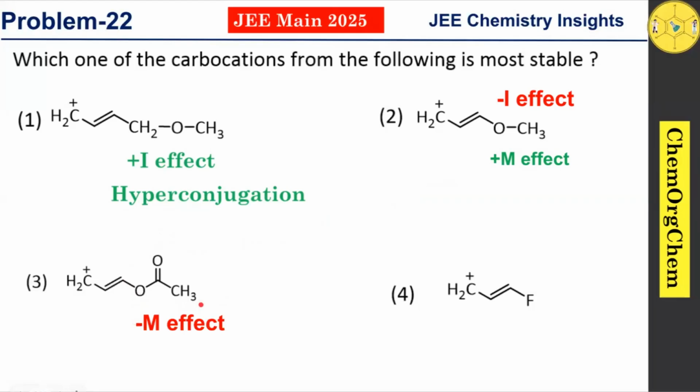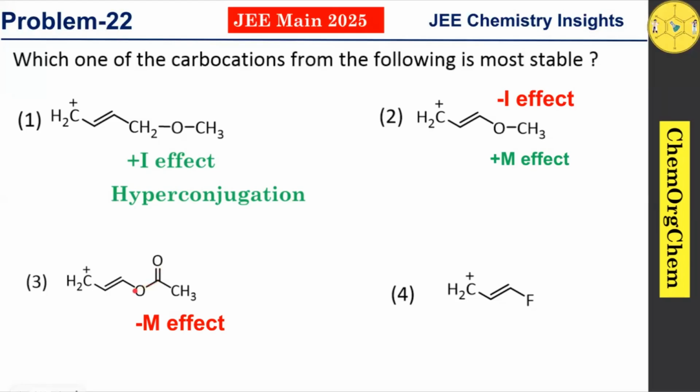Why is that? Look at this oxygen atom, just like this oxygen atom, which has high electronegativity and pulls the pi bonded electrons towards itself, which makes this carbon electron deficient.